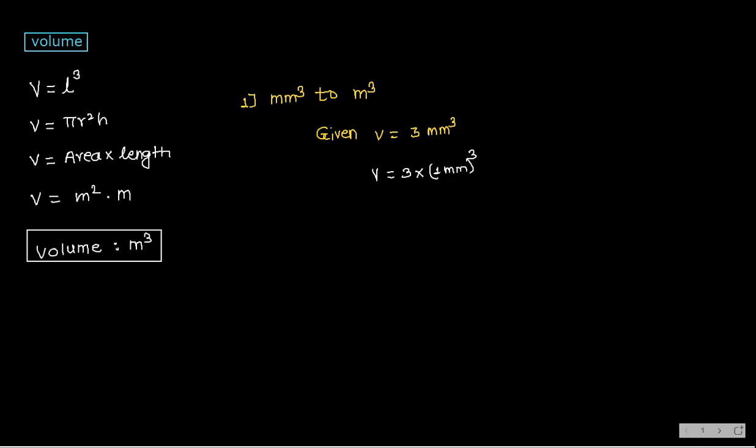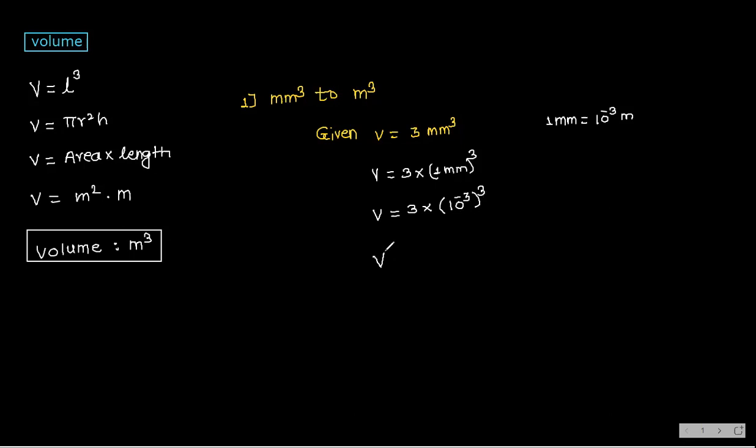Yesterday we learned 1 millimeter is equal to 10 power minus 3 meter. Yes or no? So if this is a volume V, what should I substitute in place of 1 millimeter? 10 power minus 3 whole cube.